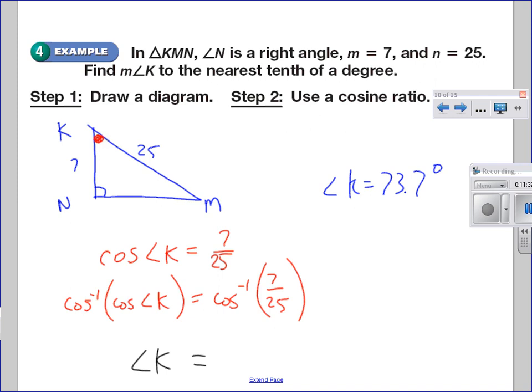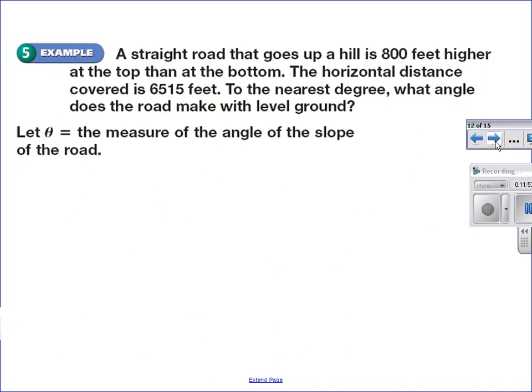And by subtraction, if they wanted angle M, we could subtract from 90 and get that as well. But that's your basic process of, given a ratio, find the angle. So let's work a problem with this, and we'll be done.